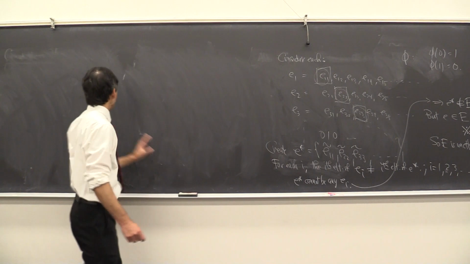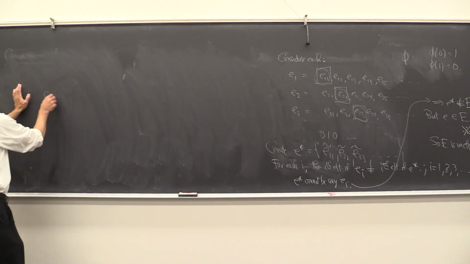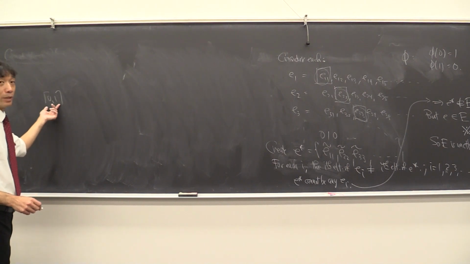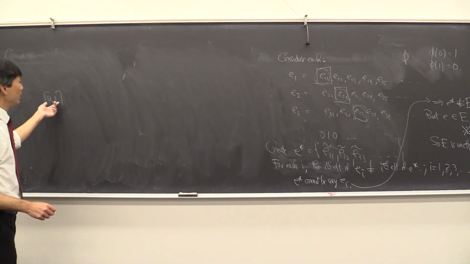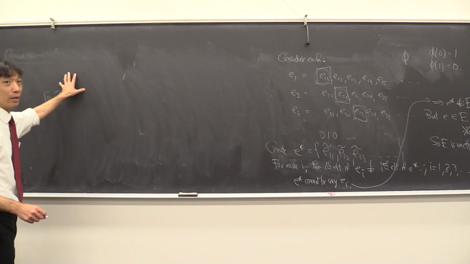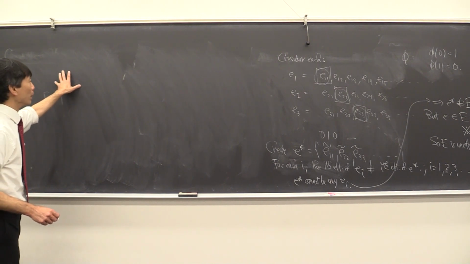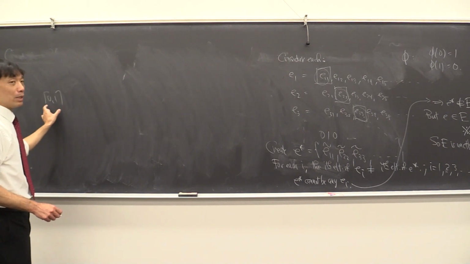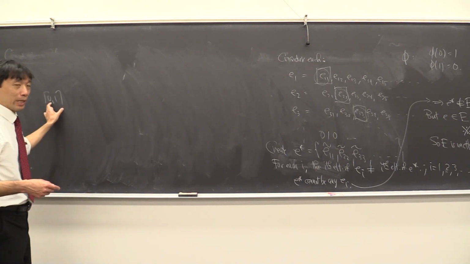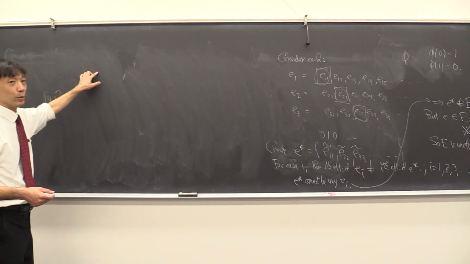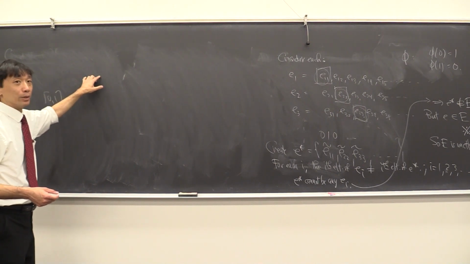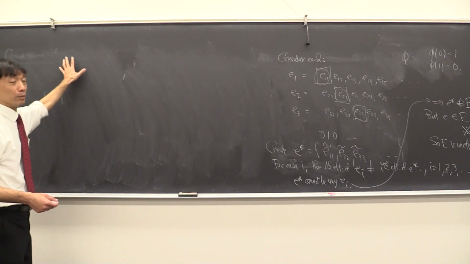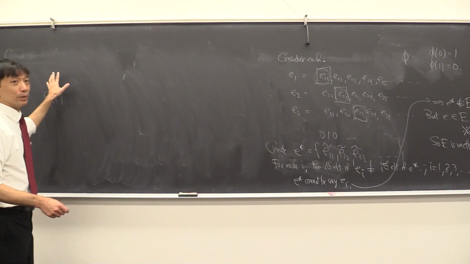What we just showed is that the interval 0, 1 is uncountable, and it's a subset of R. So R can't be countable, because one of the things we proved last time is that any subset of a countable set is either finite or countable. So this is a subset and it's uncountable, so the ambient space could not have been countable.